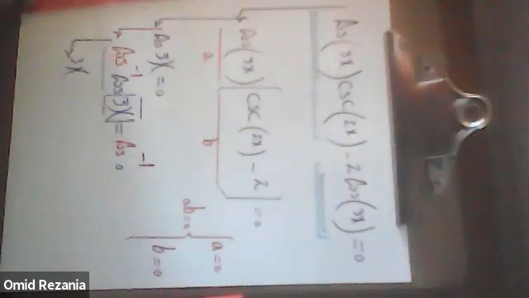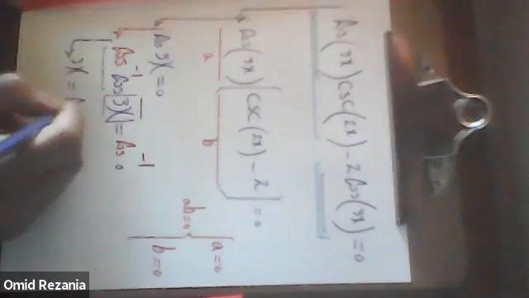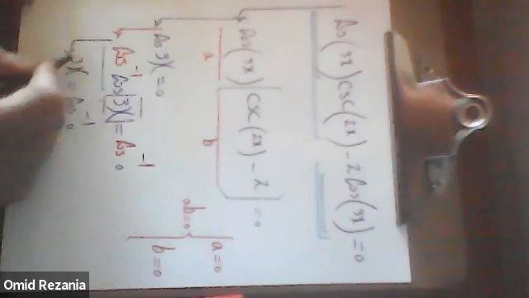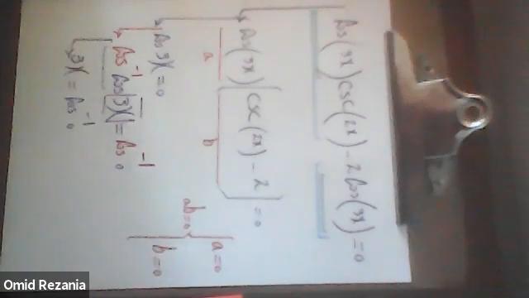Then we have 3x liberated, equals cosine inverse of 0. You see, this is 3x.